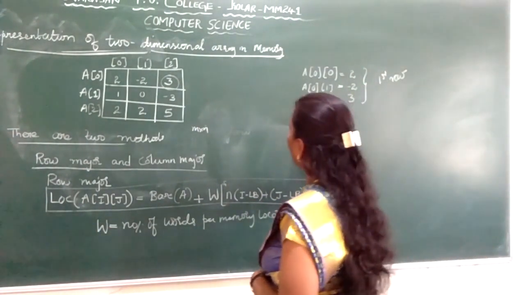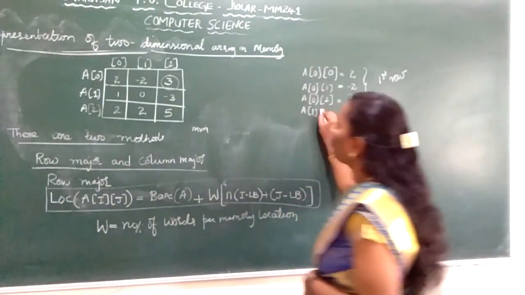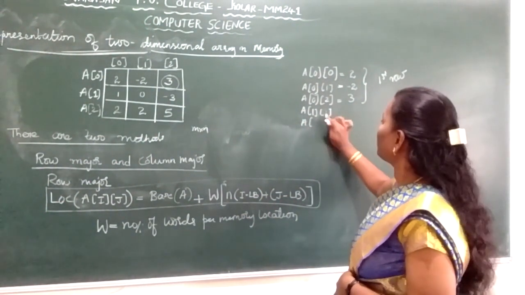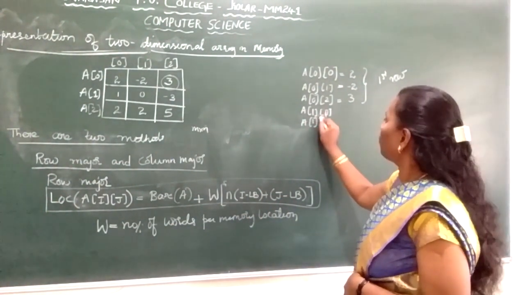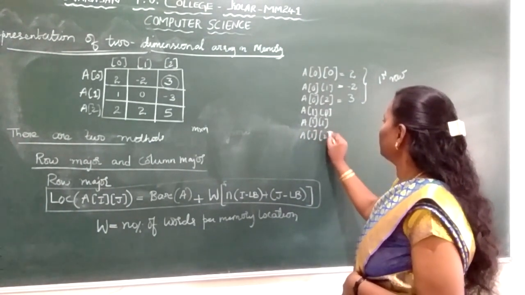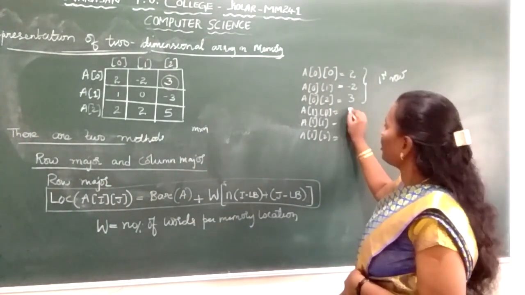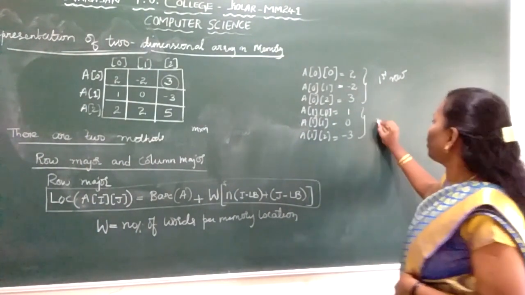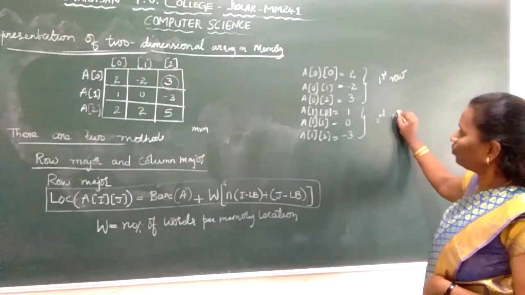Next we have the next row, A of 1, 0, A of 1, 1, A of 1, 2. So what I have here: 1, 0, minus 3. This is for your second row.